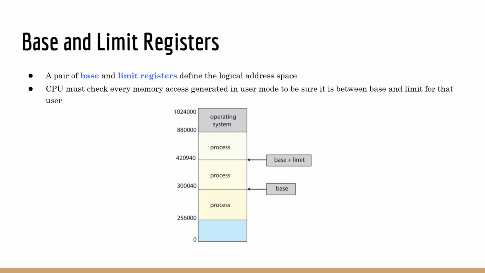Together, these two registers define a process's logical address space. As you can see in the diagram, a process can legally access all the addresses from the base value up to the base plus limit value. An attempt by a user program to access memory outside this range is an error.